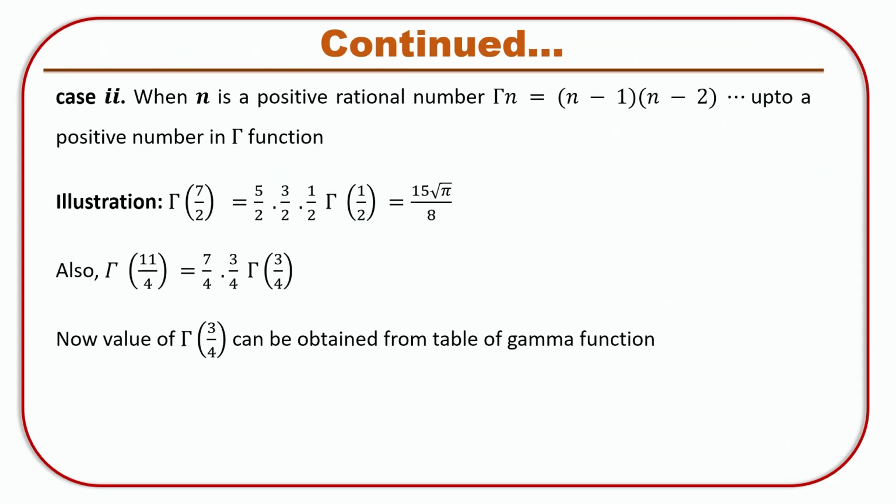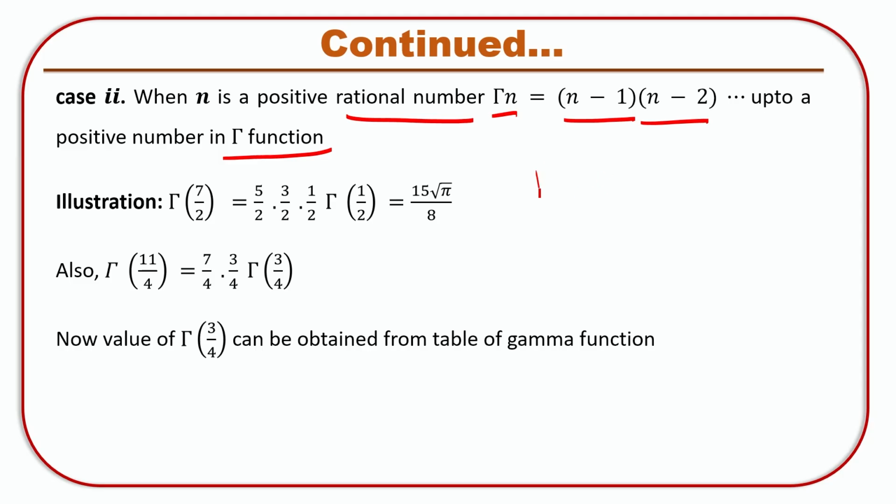Right. Now, when n is a positive rational number, for example 2 by 3, 4 by 3 and so on, then gamma of n is obtained by reducing n minus 1, n minus 2 and so on, down to a positive number in the gamma function. A simple way to do this: take gamma of 7 by 2.